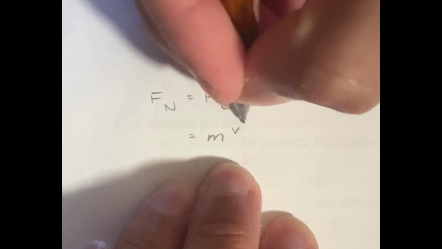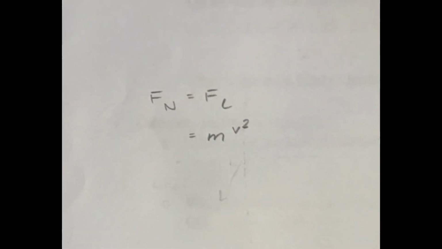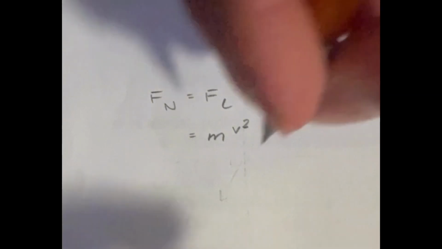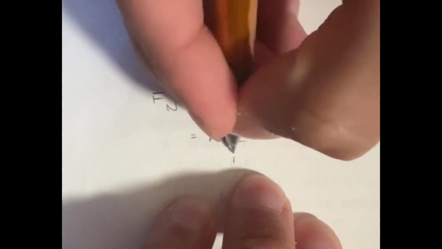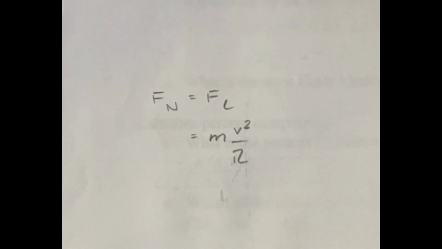We know that the centripetal force is going to be equal to mv squared over R. Here m is the mass, v is the velocity of the block as it is traveling through the circular wall, and capital R is the radius of the circle. So that's our answer.